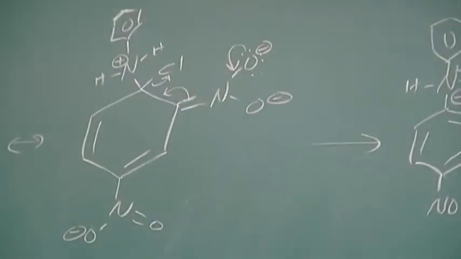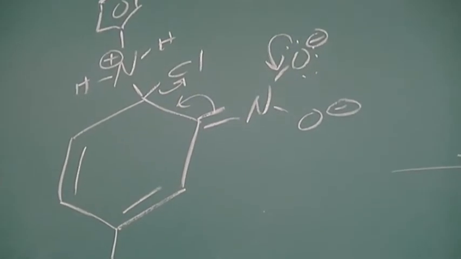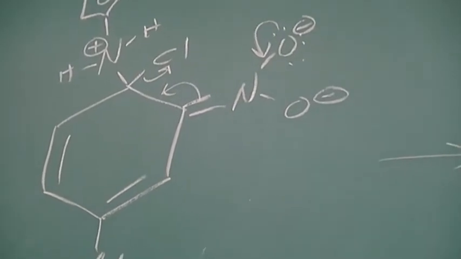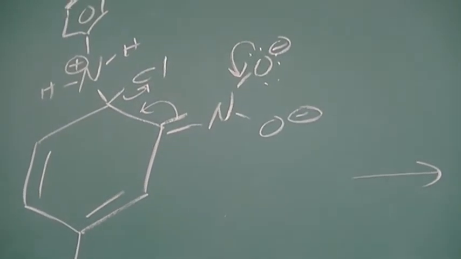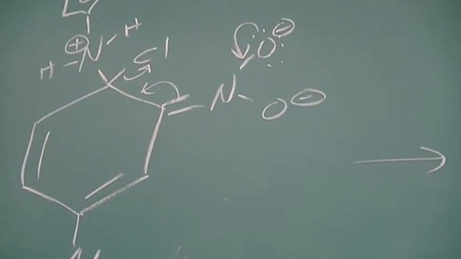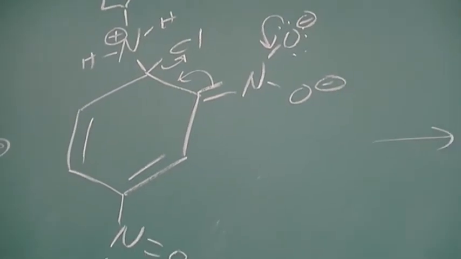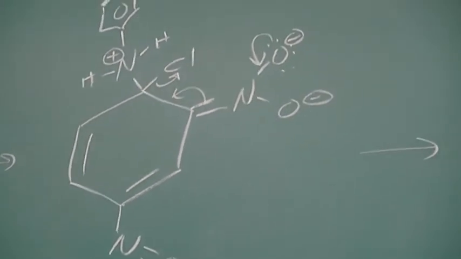Now we're going to do a reaction, and again, the difference between a reaction and a resonance structure is that you form or break a single bond. The negative off the oxygen of the nitro group comes down, the double bond from the CN goes to reform the aromatic ring and kick out the chlorine.